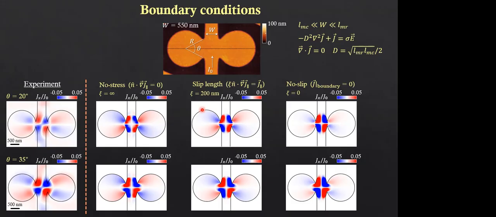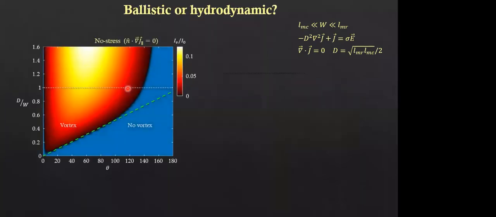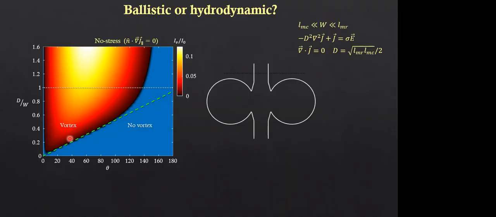So what we understand from this is that we are in a no stress kind of boundary condition here. So we take the no stress boundary condition phase space, and we start to find out where we are in this phase space for our material.